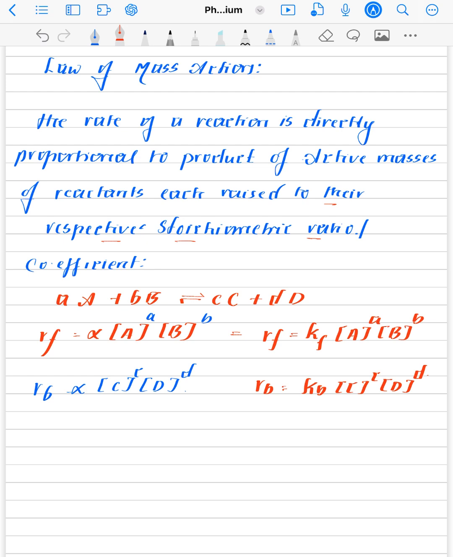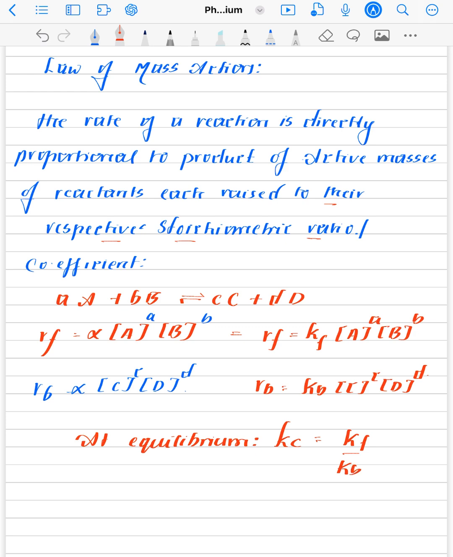This is what will happen. Now what we should know is, at equilibrium, we can say that Kc is going to become equal to Kf by Kb, right?